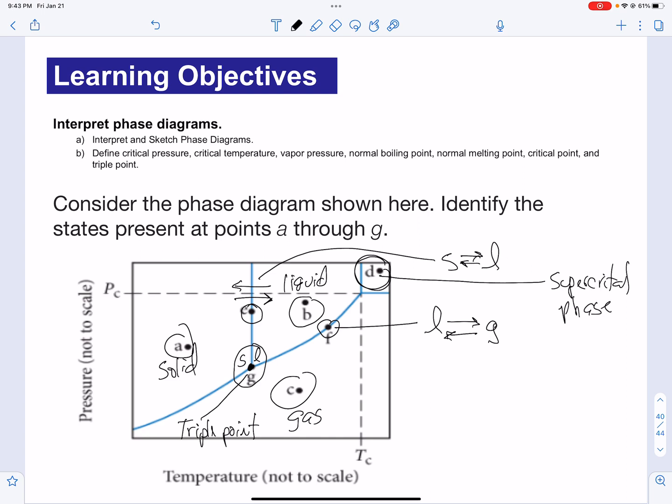Molecules are moving so fast because of the higher temperature. It doesn't matter how much pressure you put to bring them together to make it into a liquid. It remains in a kind of weird gas-liquid region, but it's not an equilibrium. So let me know if you have any questions on this.